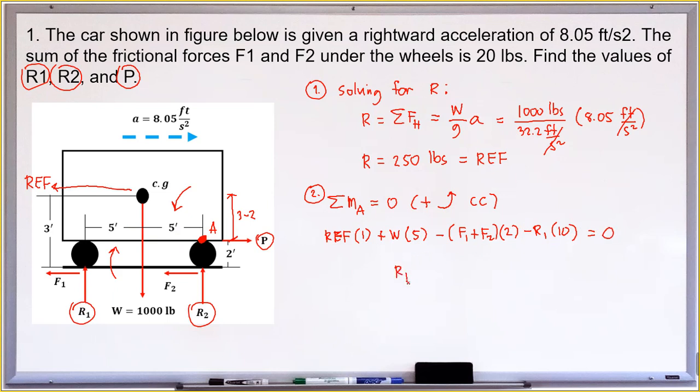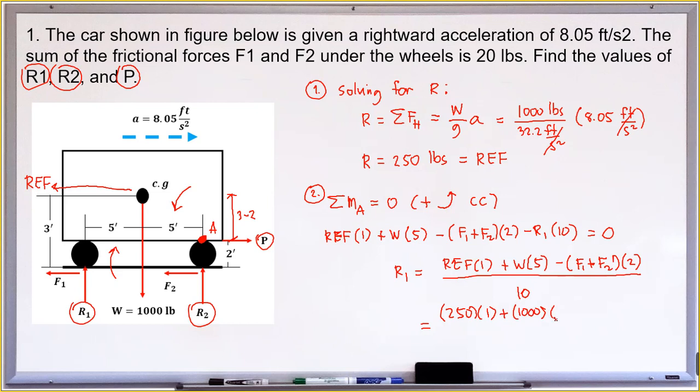So therefore, our R1 is equal to we have REF times 1 plus W times 5 minus F1 plus F2 times 2 divide by 10. Okay? So, REF na to, 250. Tapos times 1 foot.